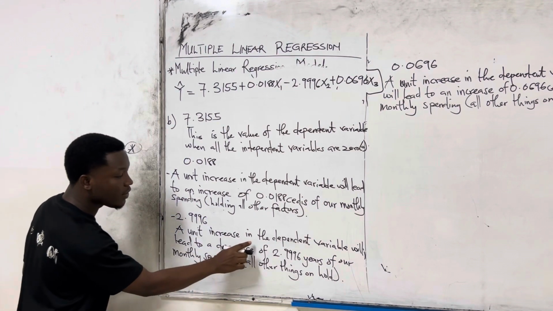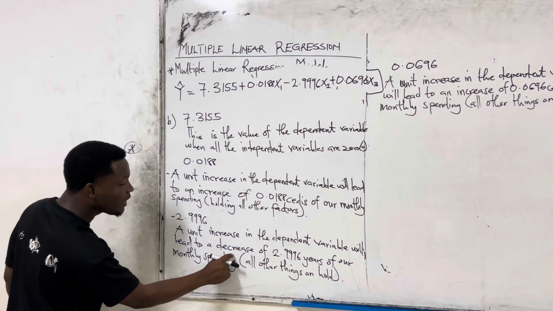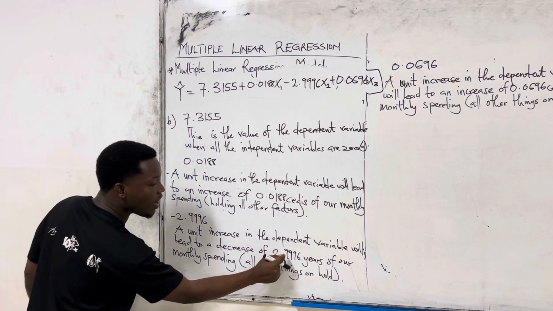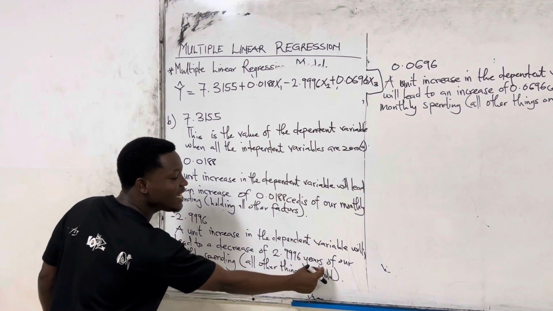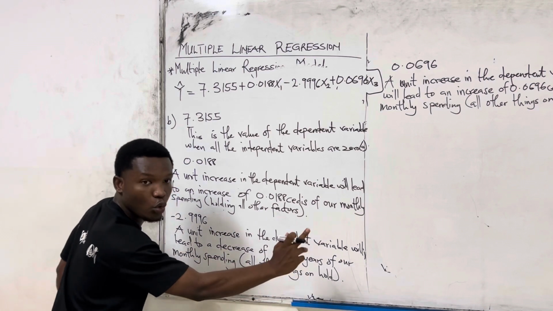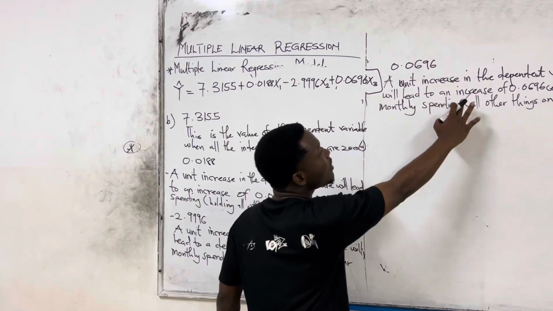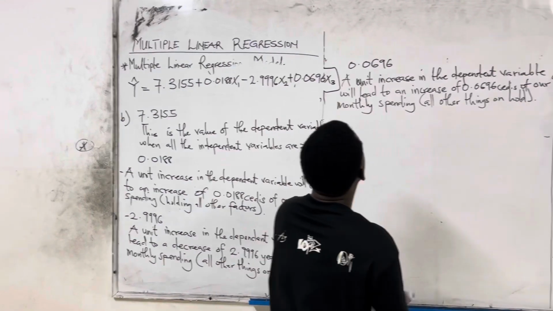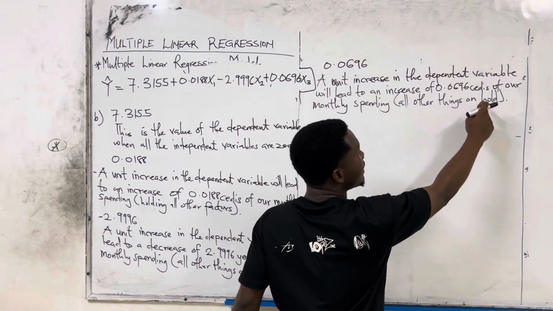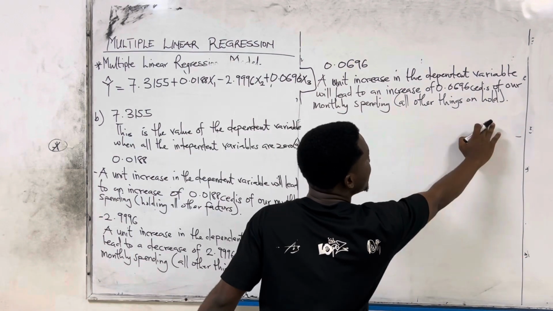So a unit increase in the dependent variable will lead to a decrease, because this is negative, a decrease of 2.9996 years of our monthly spending, all other things on hold. And we have the last one, which is the credit limit. A unit increase in the dependent variable will lead to an increase of 0.0696 cedis of our monthly spending, all other things on hold.